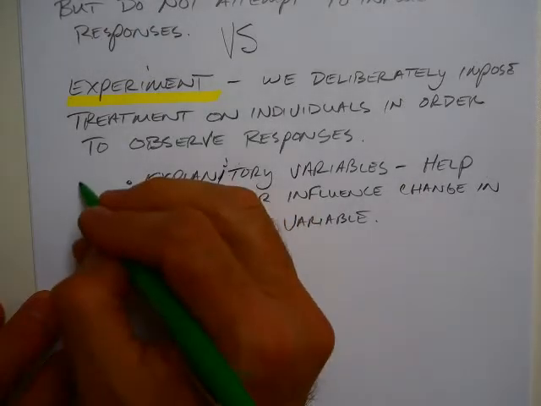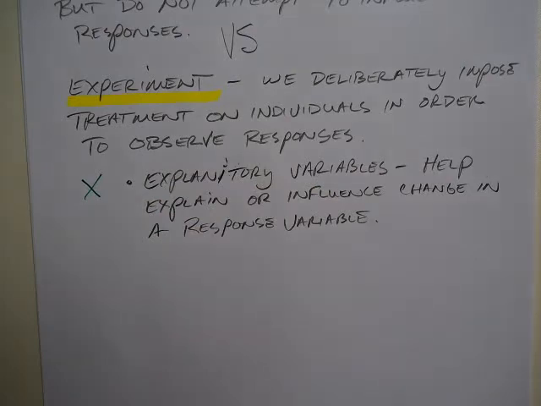These would be, on a graph, our x values. Our explanatory is x.